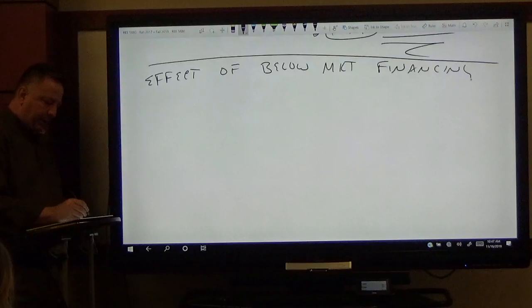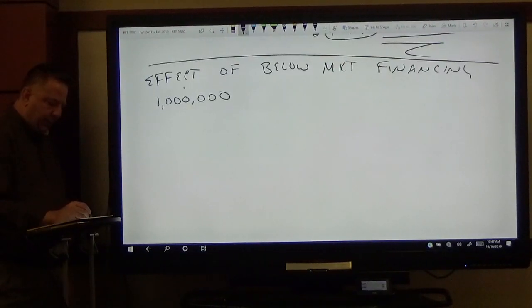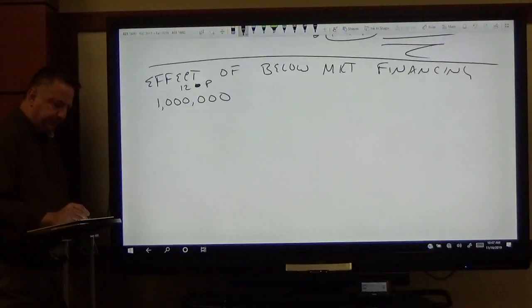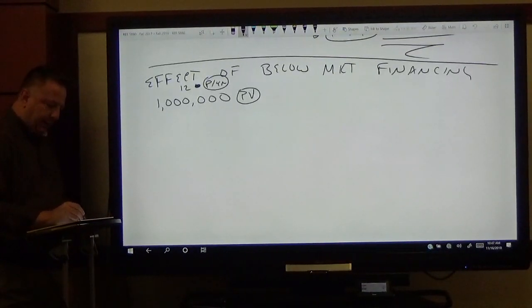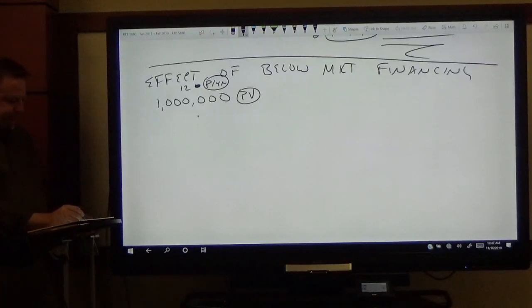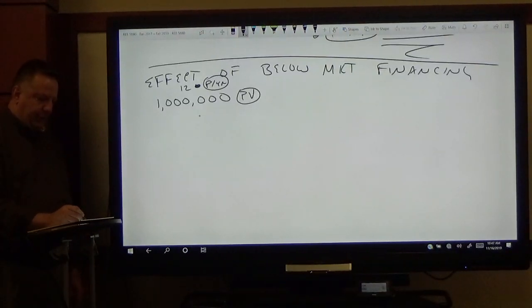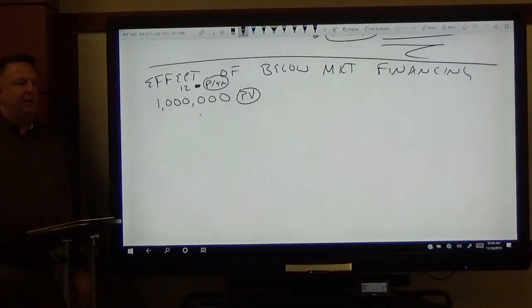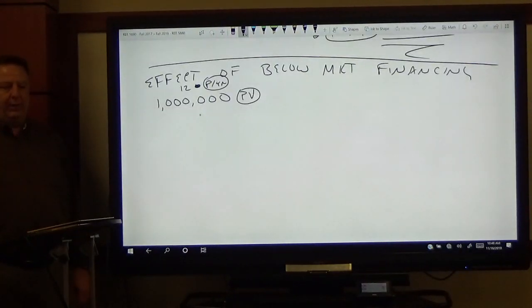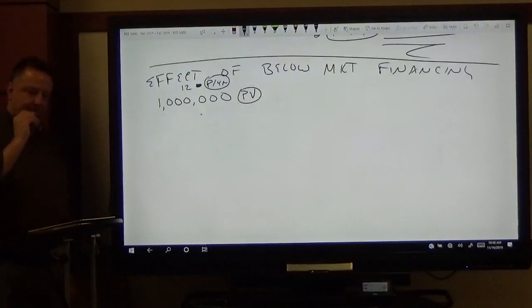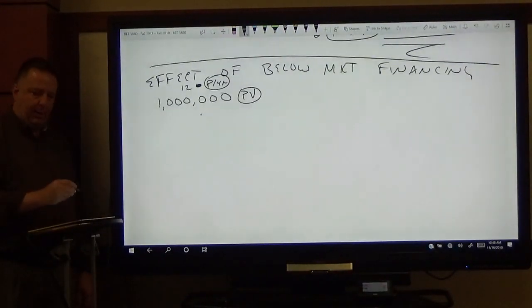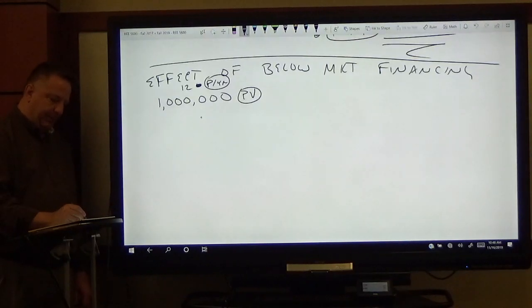All right, so let's just say a $1 million property, 12 payments per year. Let's just assume, to keep things simple and apples to apples, not getting into the down payment and all that other stuff, just a simple comparison on the dollar amount, okay?